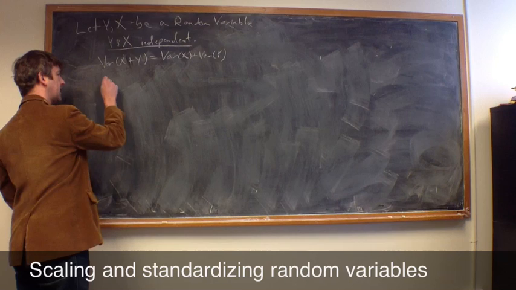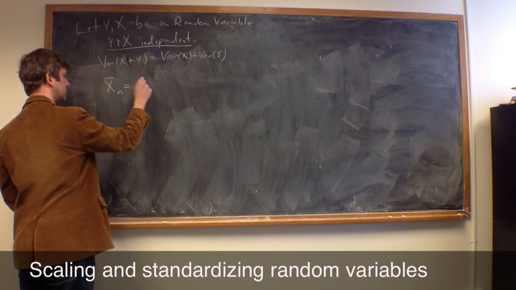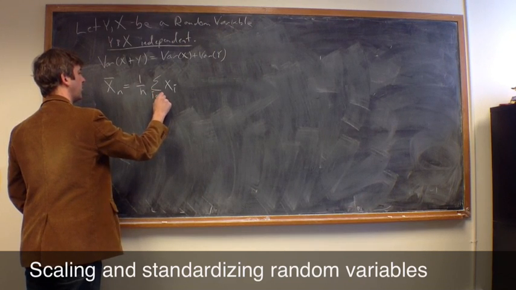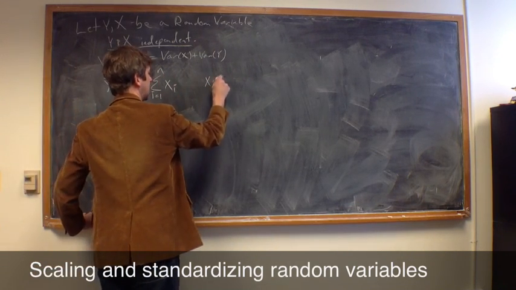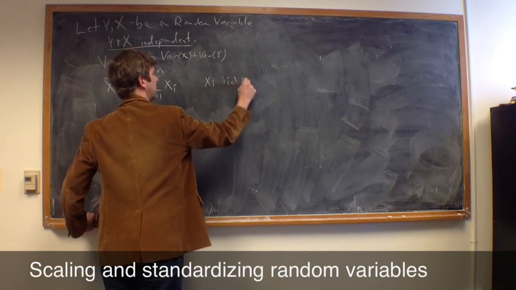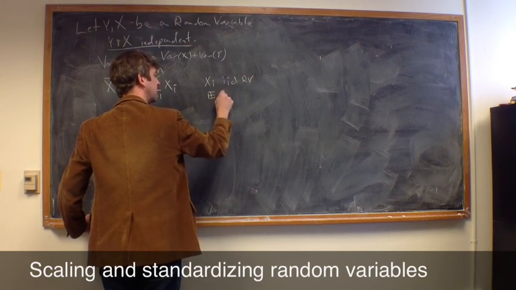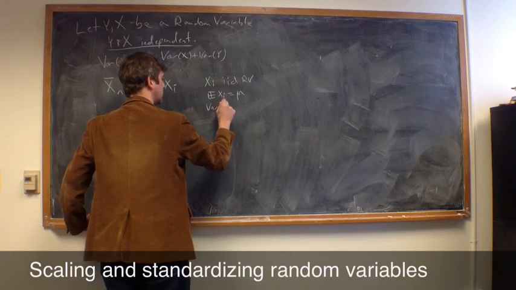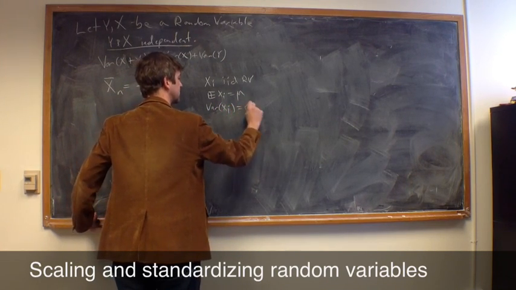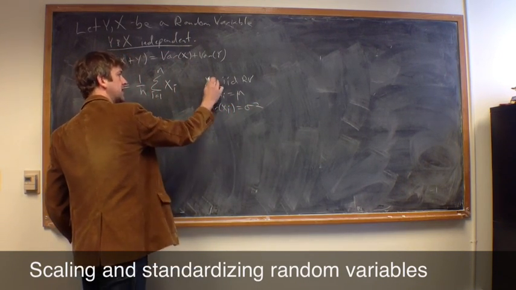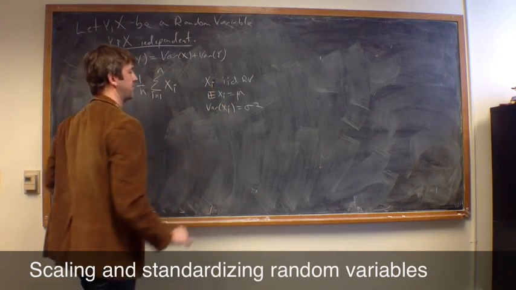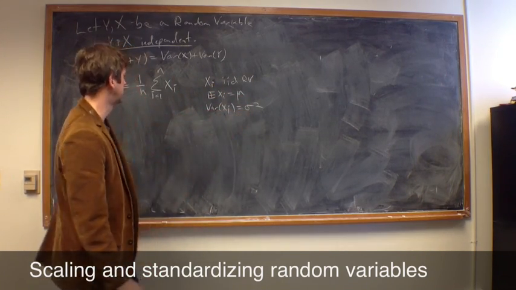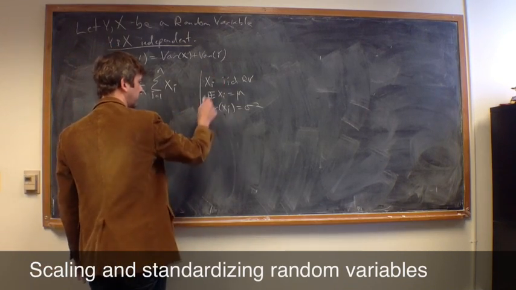If I define x bar n to be 1 over n, the sum of x_i, i equals 1 to n, with x_i iid random variables with expected value of x_i equal to mu and variance of x_i equal to sigma squared. So these are independent, identically distributed random variables. So they have the same mean and variance since they're identically distributed, and we'll call that mu and call that sigma. So i is just a dummy variable here.